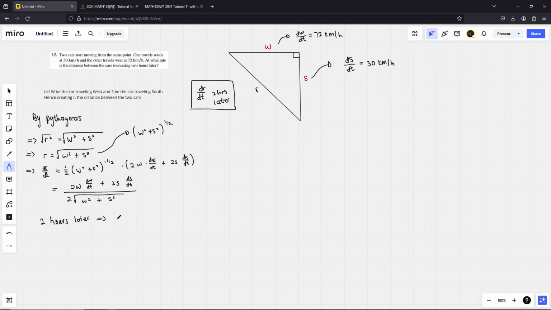implies that w is going to be equal to, if we take 72 and multiply by 2, we get 144 kilometers. That's how far they've traveled in 2 hours. And this also implies that the car going south traveled 60 kilometers.